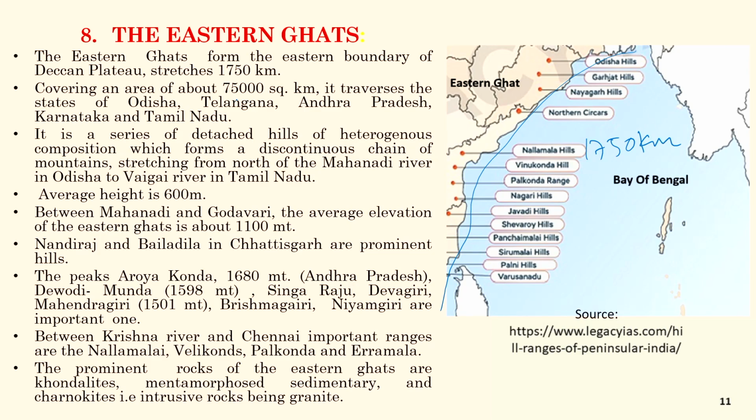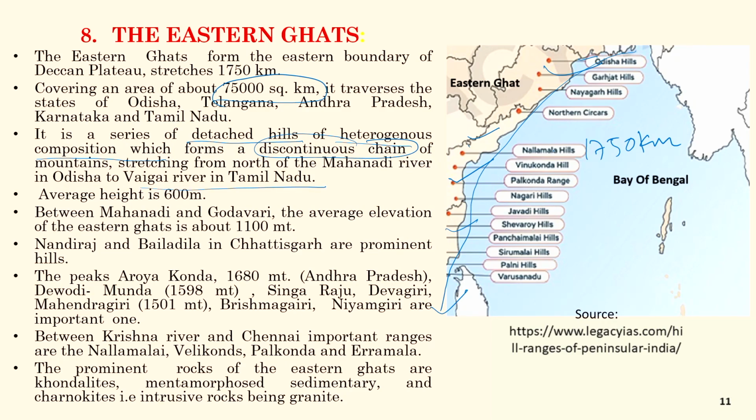Covering an area of about 75,000 square kilometers, it traverses the states of Odisha, Telangana, Andhra Pradesh, Karnataka, and Tamil Nadu. It is a series of detached hills of heterogeneous composition which forms a discontinuous chain of mountains, stretching from the north of the Mahanadi river in Odisha to the Vaigai river of Tamil Nadu.